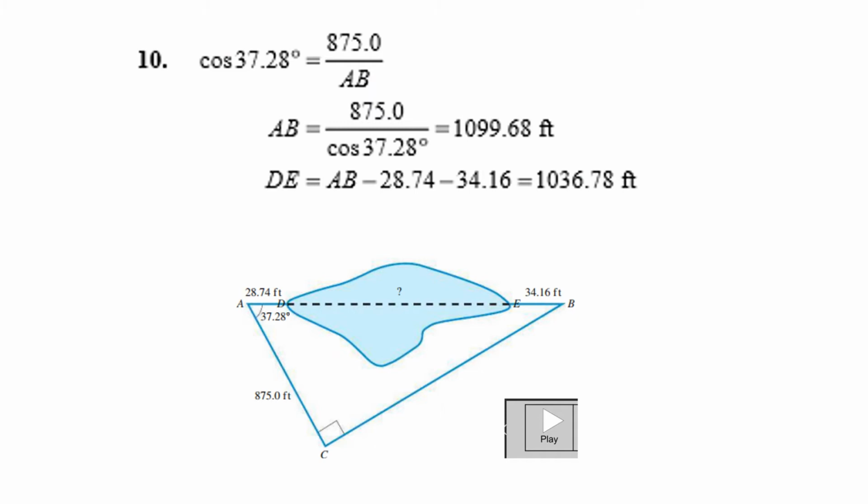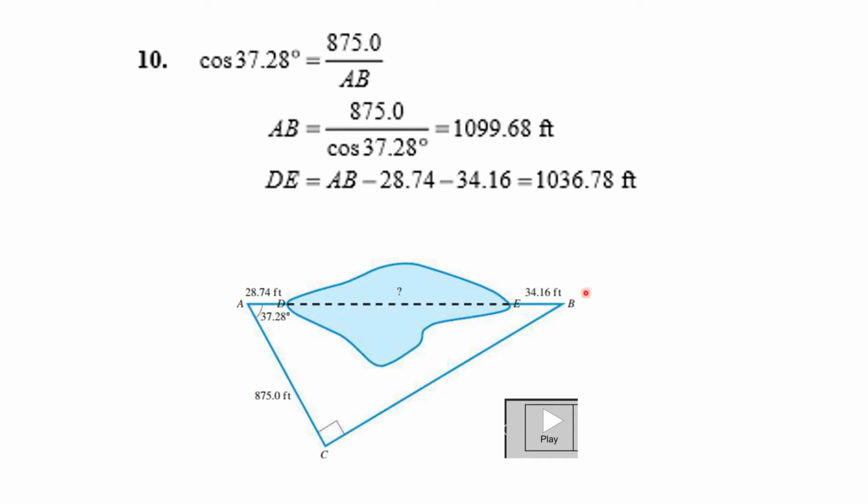Alright, so in the picture you can see that in the right triangle the cosine of 37.28 degrees down here is going to be the adjacent, 875, divided by the length from point A to point B. Here's point A way over here, and point B is way over here.